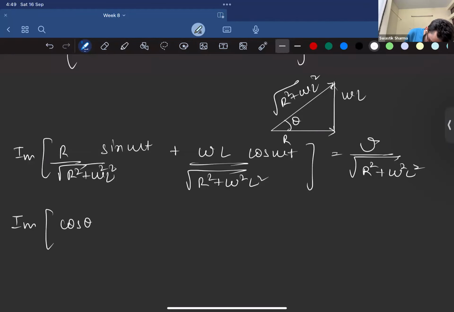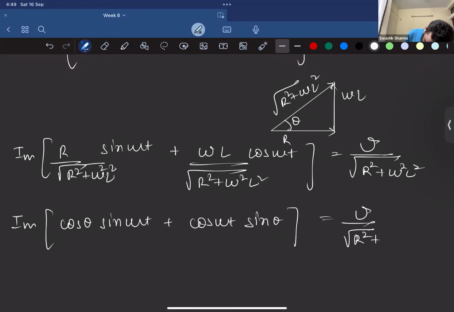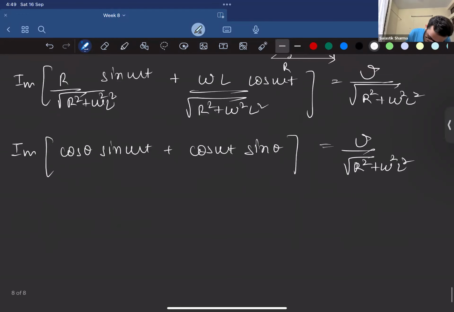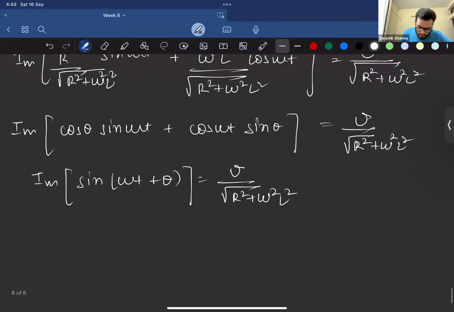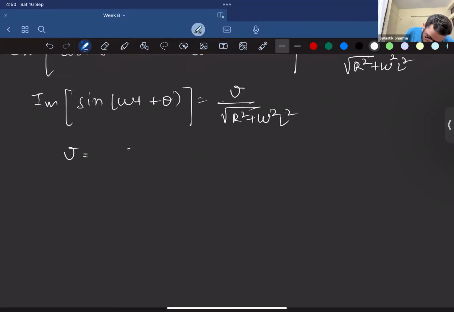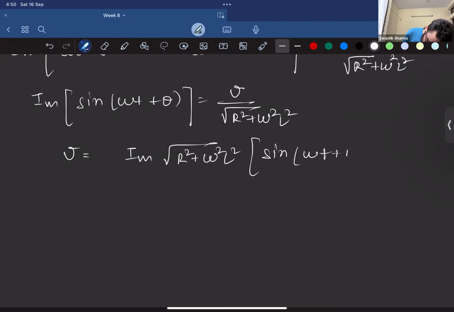So this will become cos theta sin omega t, and this will become cos omega t sin theta, which is nothing but sine of omega t plus theta. So V comes out to be Im times the square root of R square plus omega square L square, sine of omega t plus theta.